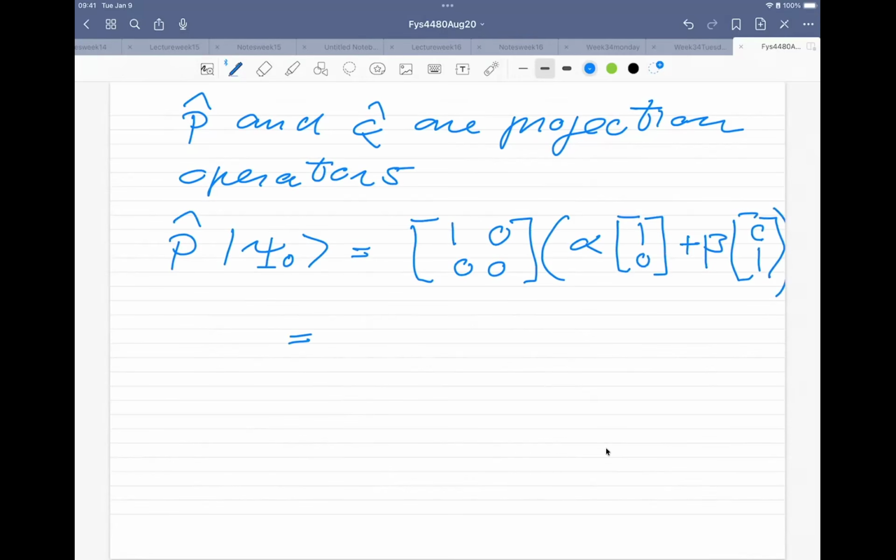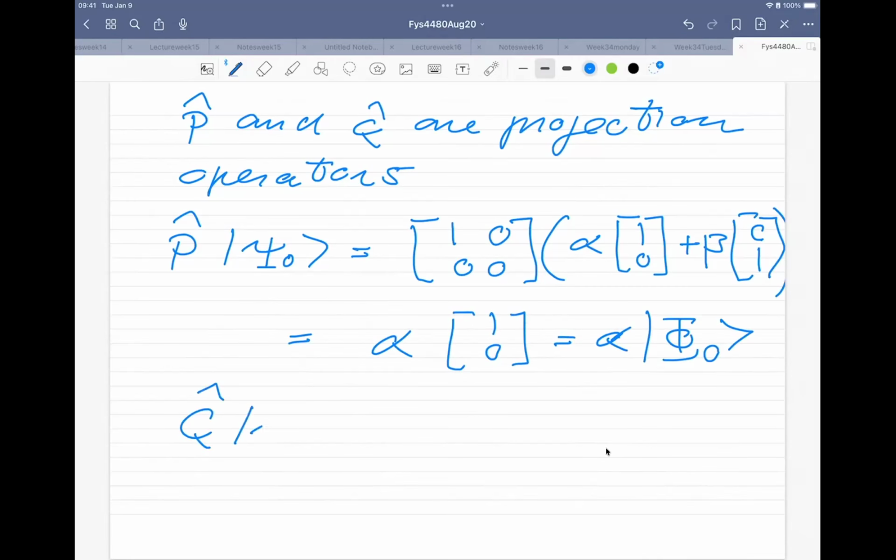And when we do the algebra here, what we get is alpha times (1, 0), which is the same as alpha multiplied with phi 0. So this projects out one of the states here. And if I take Q on psi 0, it shouldn't come as a surprise that this is equal to beta times phi 1.